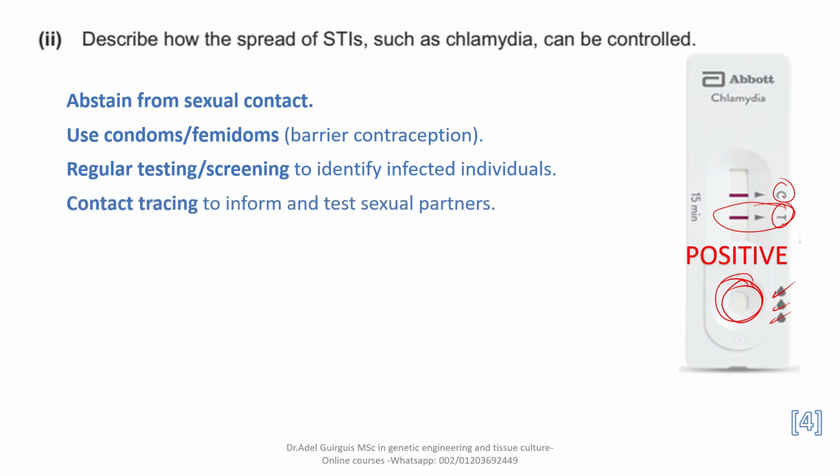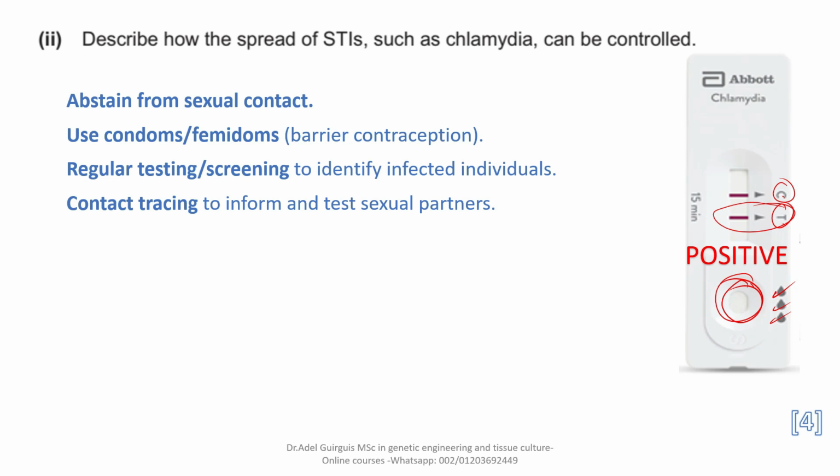What about contact tracing to inform and test sexual partners? I mean, if the husband is infected with chlamydia, not only is the husband given treatment or antibiotics to kill the chlamydia bacteria, but also his partner, his wife.